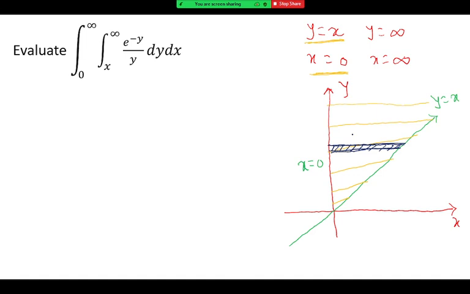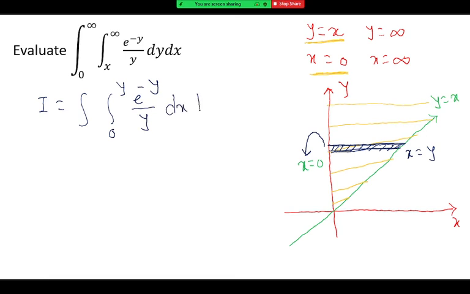Now tell me the lower limit and upper limit. What is the lower limit for x? 0. And the upper limit? Y. Correct. So our new double integral, with the change of order, becomes x varying from 0 to y, e raised to minus y upon y, and the order now is dx dy.